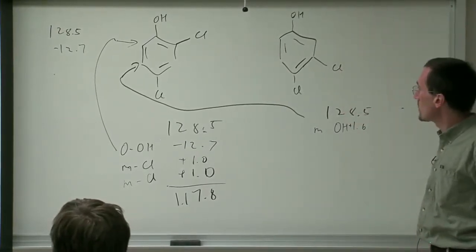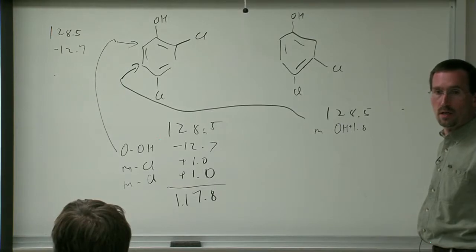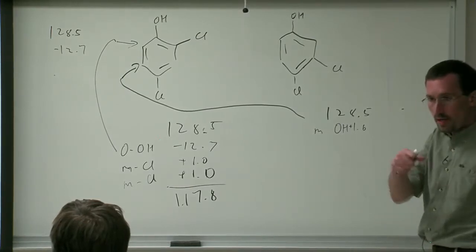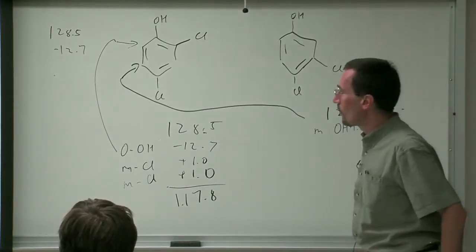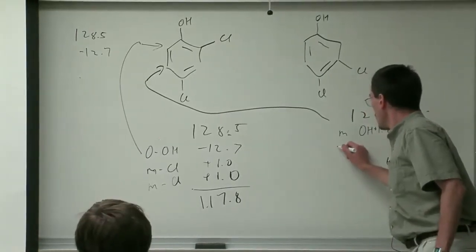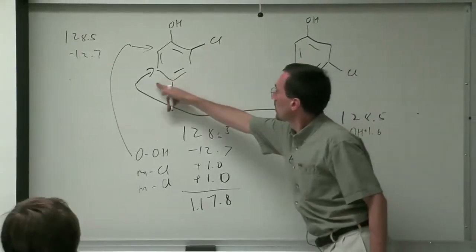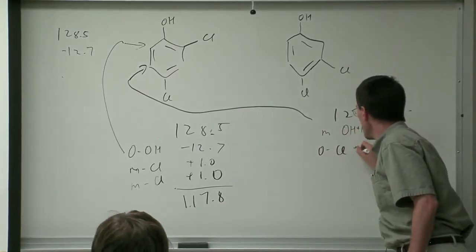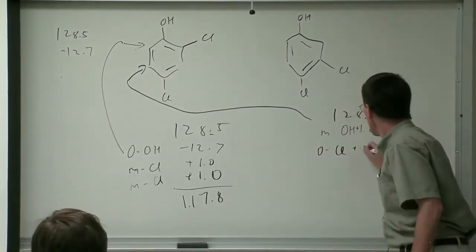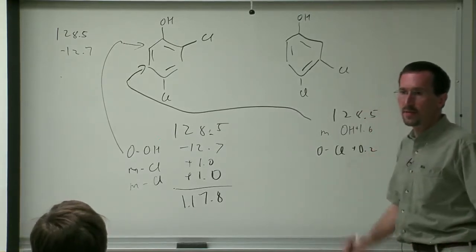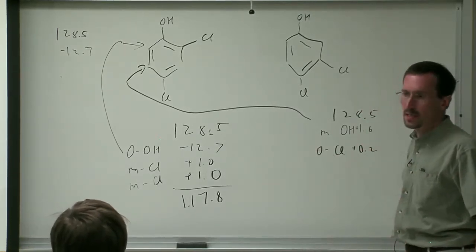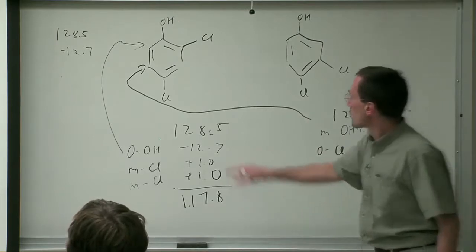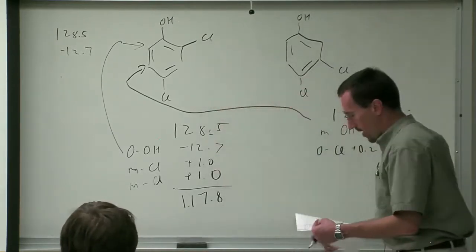OK. And then what do we do next? James? Add 0.2 for the ortho chloro. So ortho chloro is, you said, plus 0.2? Plus 0.2. And then somebody else, what do we do last? Subtract 2 for a para chloro.